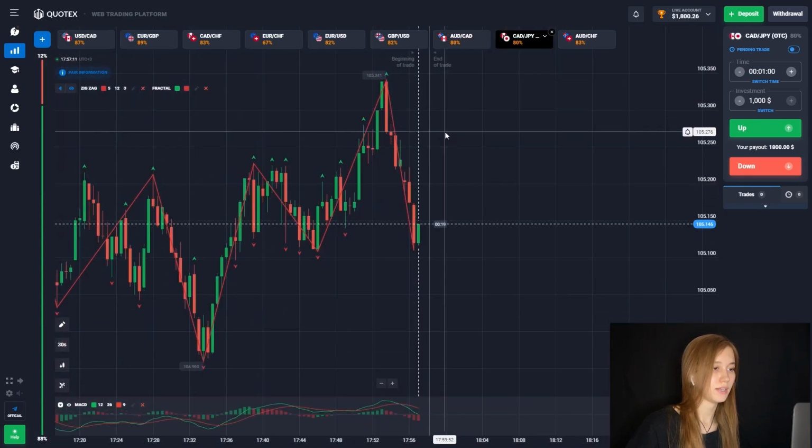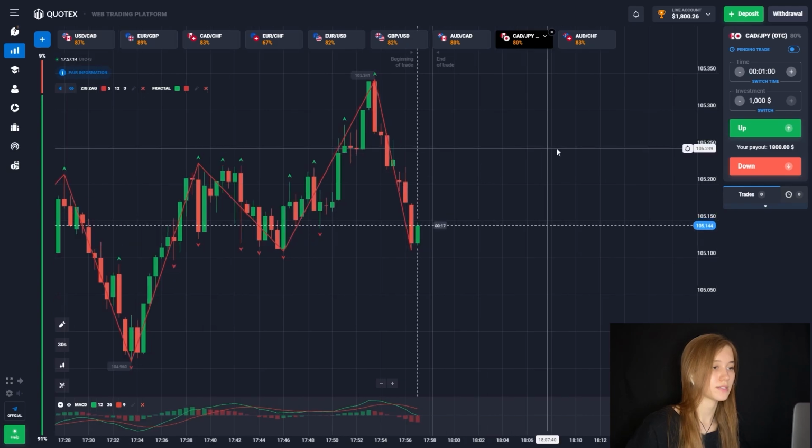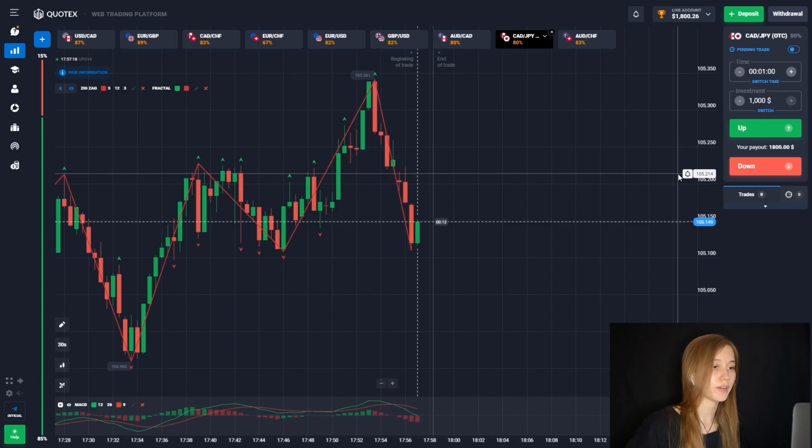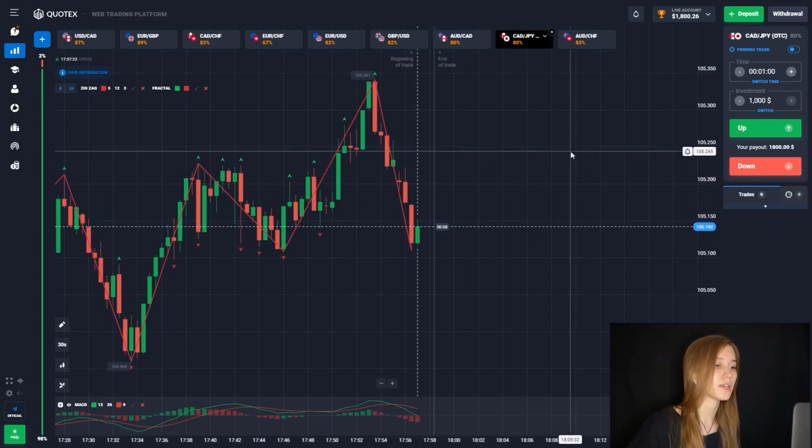We can stay here. We see a small rollback. Wait for it. A support zone has formed and the movement will go down.